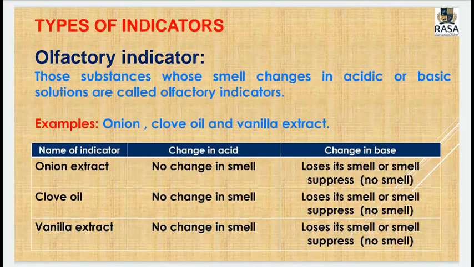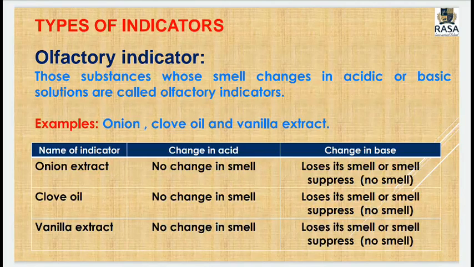First is onion extract. When it gets in touch with acid, there is no change in smell, means the smell remains the same, but in contact with the base it loses its smell, or the smell gets suppressed, means the smell is not identifiable.